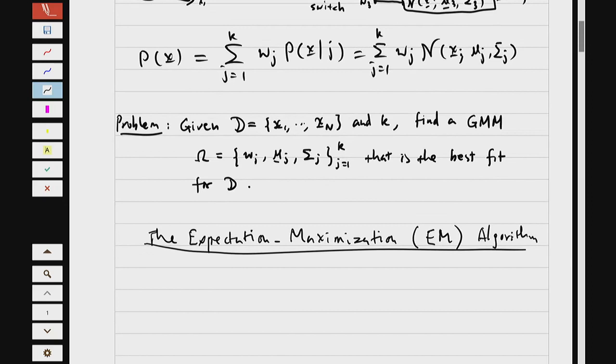And in fact, we have already seen a version of the EM algorithm, which is the k-means. The k-means is just a special form of EM. Okay? And so this EM will be very similar to what we have seen already. So we're not going to have a lot of work today in that sense.